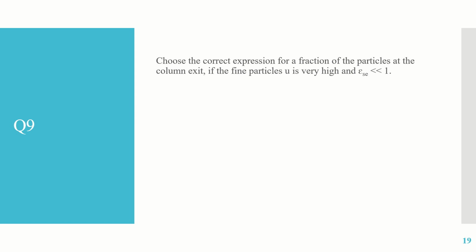So we'll go to question 9. Choose the correct expression for a fraction of the particles at the column exit if the fine particles' velocity is very high and epsilon SE is very low, lesser than 1.